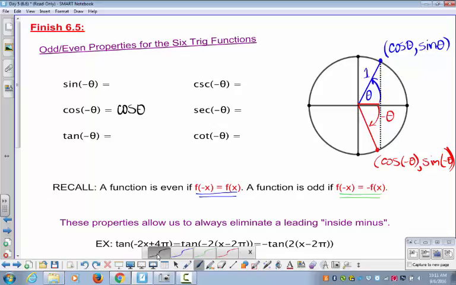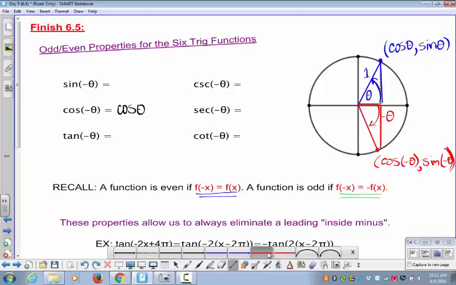Similarly, if we look at the y values here, the y value right there and the y value right here are the same in magnitude. They have the same length, if you were to measure those segments. But sine of negative theta, in the picture I've drawn, is negative, and sine of theta is positive.